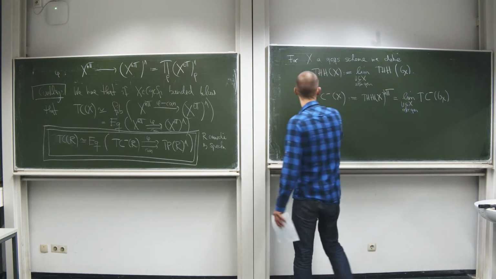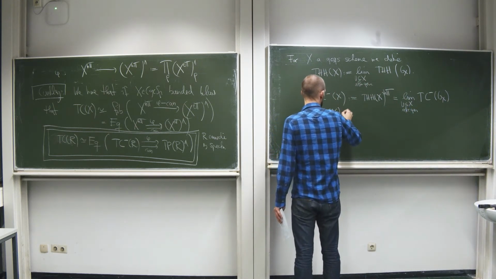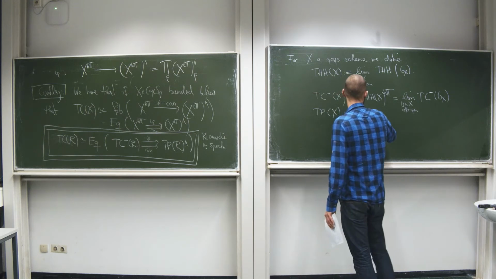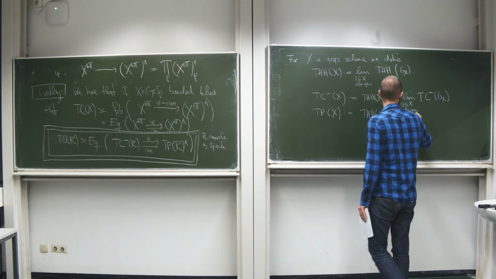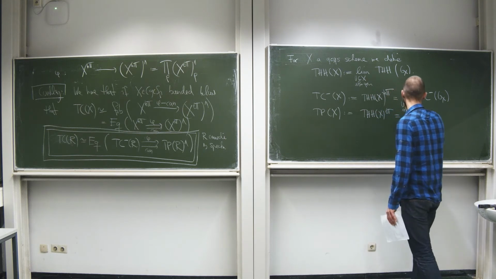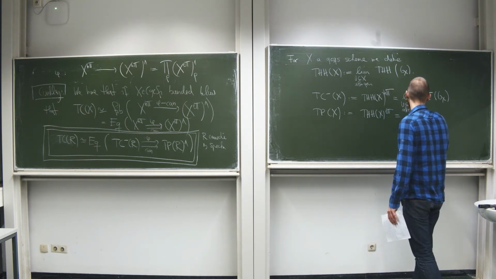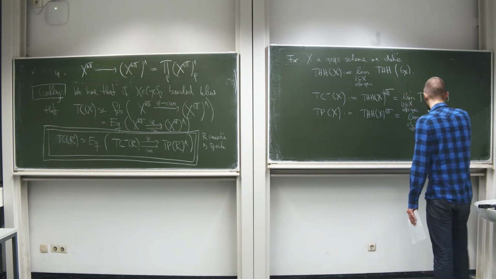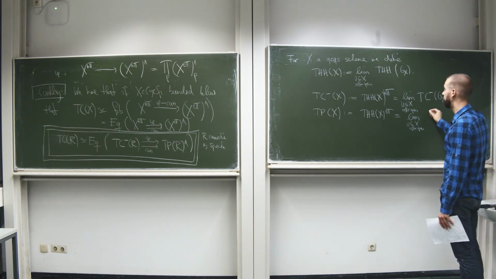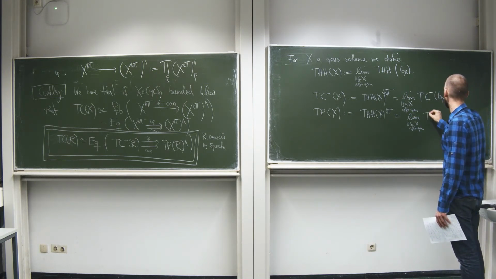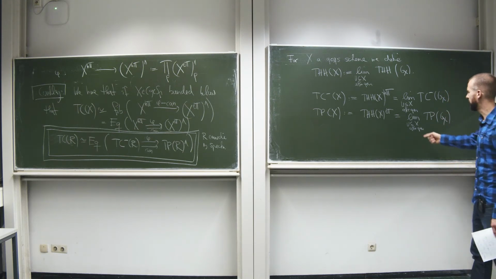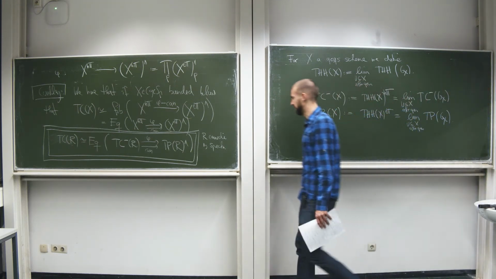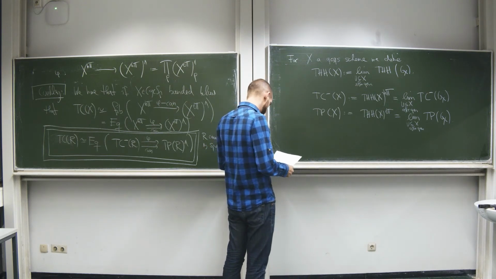And TP(X) is then defined to be THH(X) Tate T, and again, here I'm using that this is essentially a finite limit, the limit over affine open U of TP(O_U). Being quasi-compact, quasi-separated ensures this is like a finite limit.